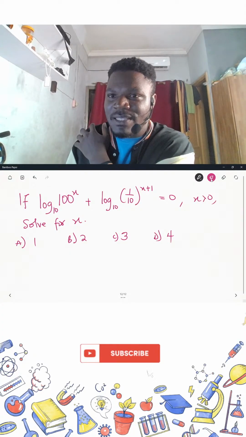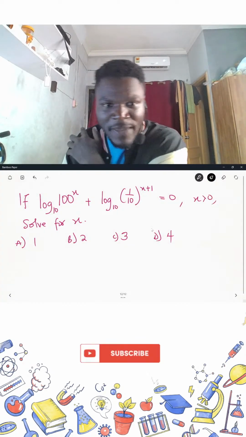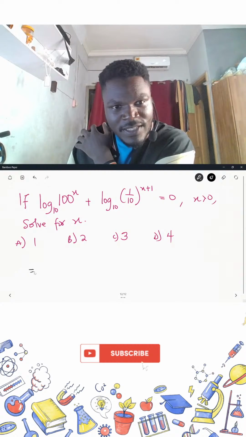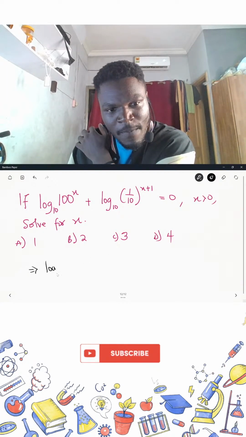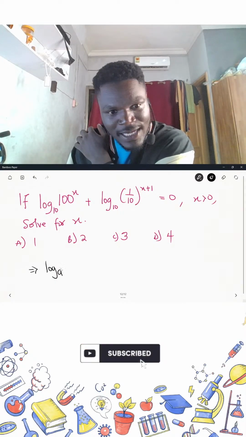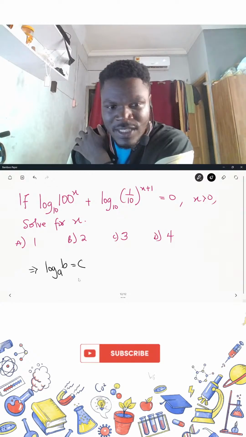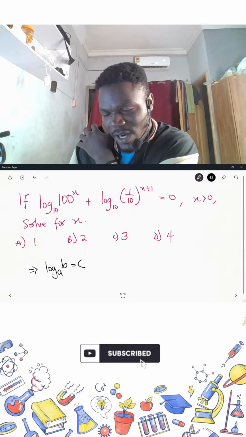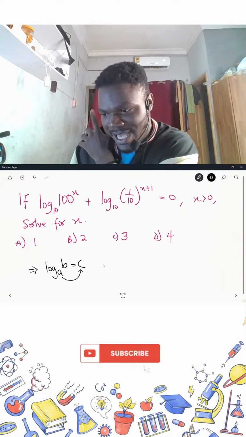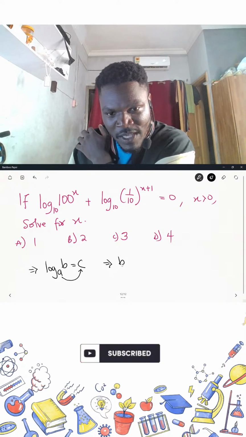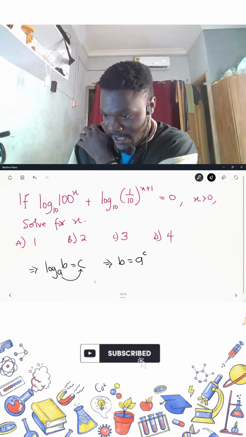In logarithm, for example, let's say I have log base A of B equal to C. To get rid of the log, you use the base to carry the C as the power. So this becomes B is equal to A, the base, raised to the power C.